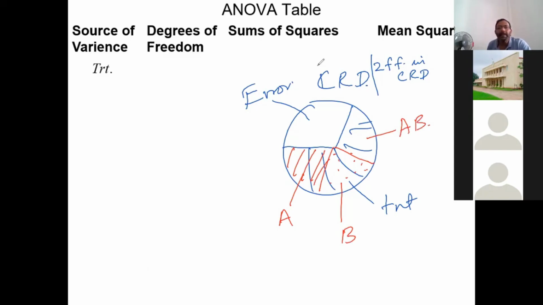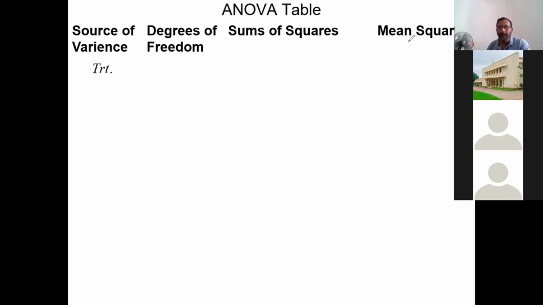So we could expand this, because can you remember we said already, the treatment is partitioned into different components.